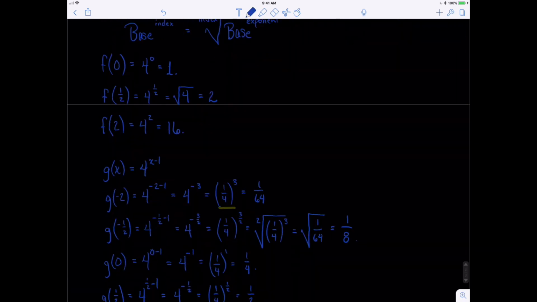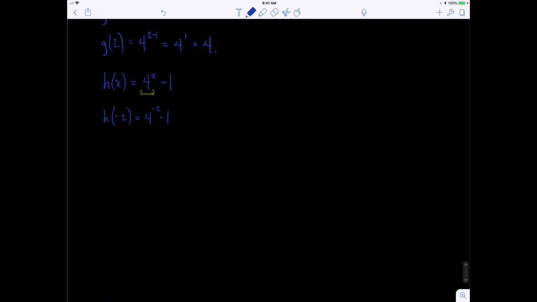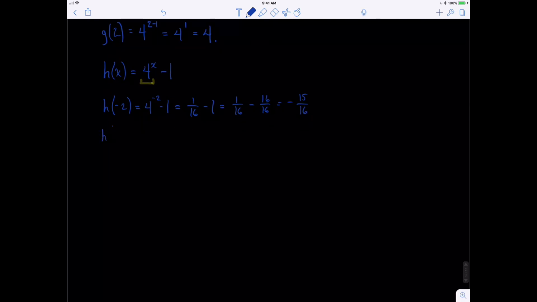So we can use that here. This becomes 1/16 minus 1. This is 1/16 minus 16/16. So our answer becomes negative 15/16.